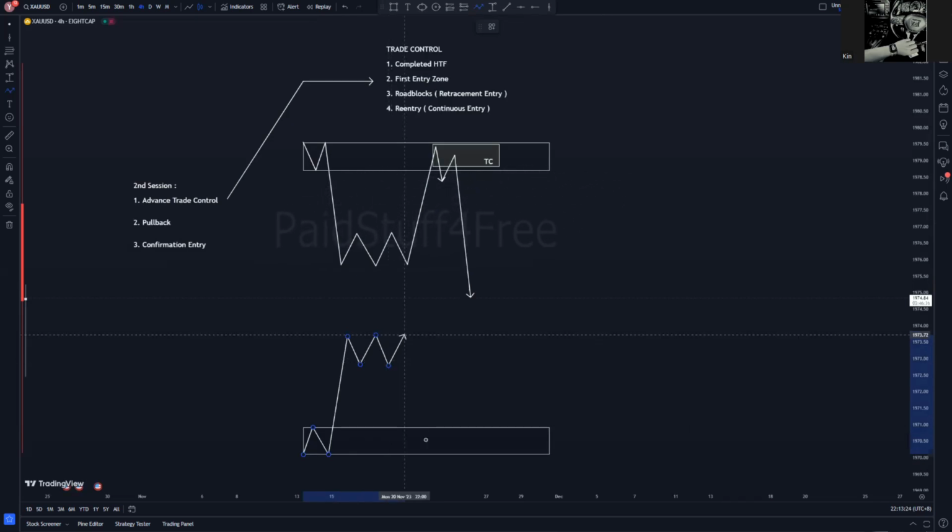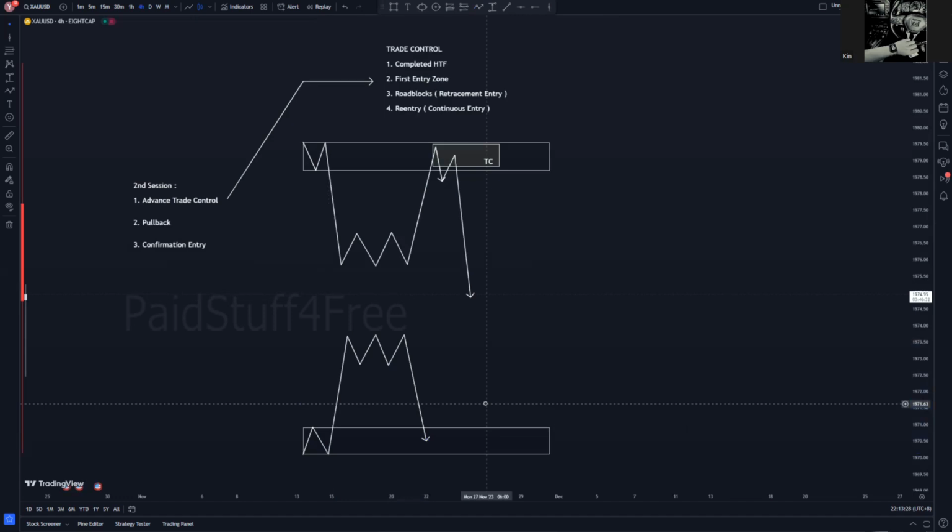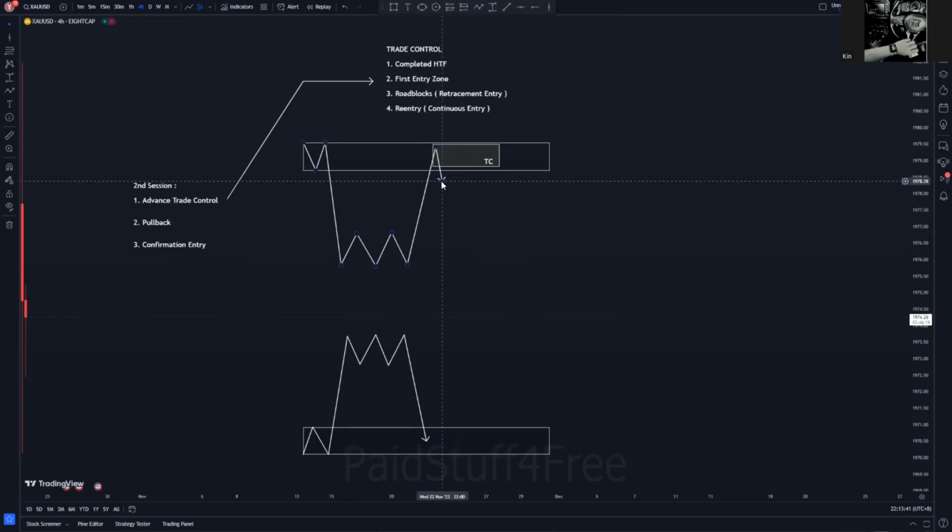Now we're going to answer the question of how the trade control is created at the current market price. Sometimes the price just creates the trade control and then leaves off like this. Boom. That's why I say this drawing is the main line of our system.